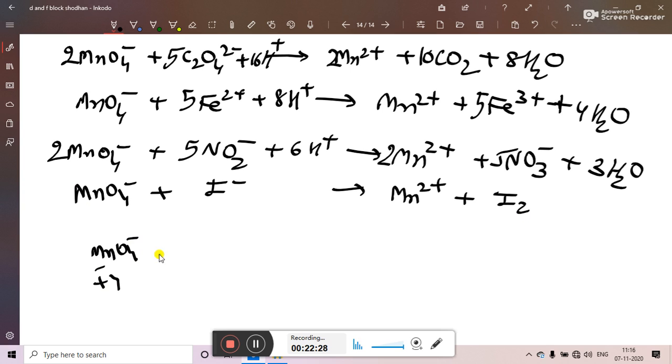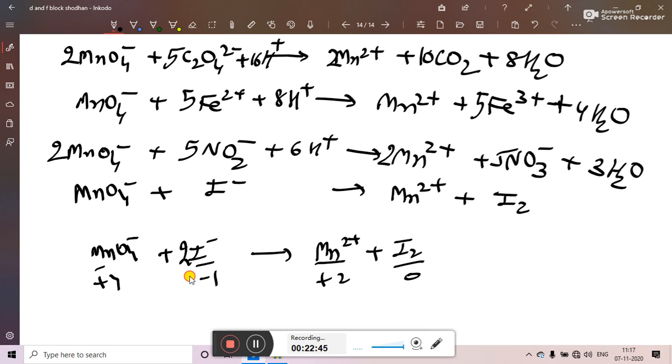In iodide, the oxidation number of iodine is minus 1. It gives Mn2 plus, with oxidation number of Mn as plus 2, and iodine with oxidation number 0. Now you have to balance the underlying elements. Iodine is 2 times, so you have to multiply with 2. In that case, this will also be multiplied with 2, so it will become minus 2.